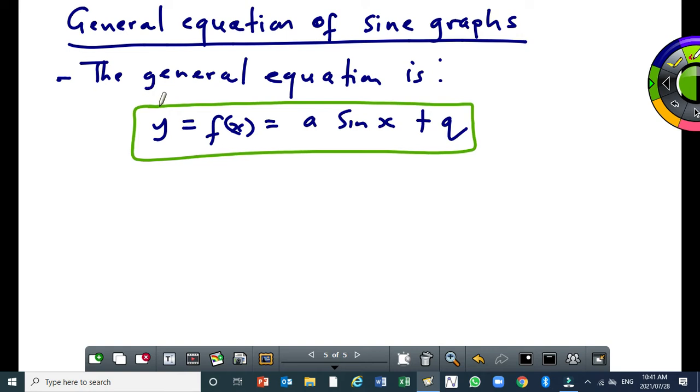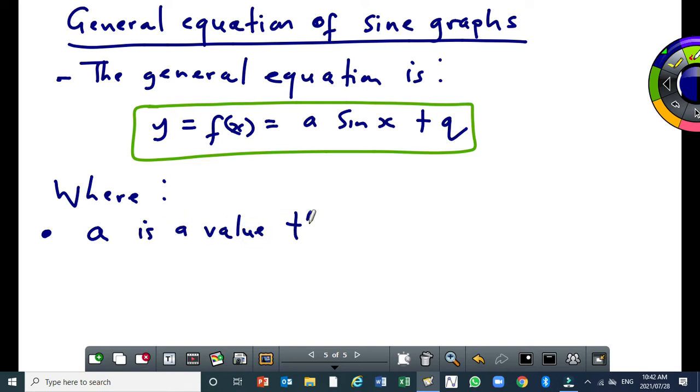Let's now define what that A is. A is a value that determines the amplitude of the graph.